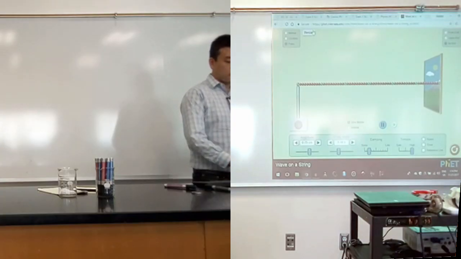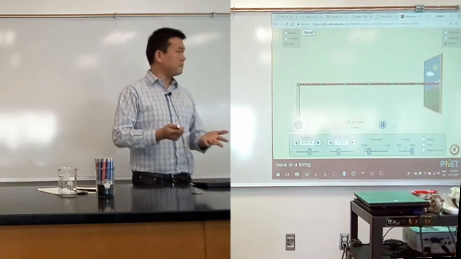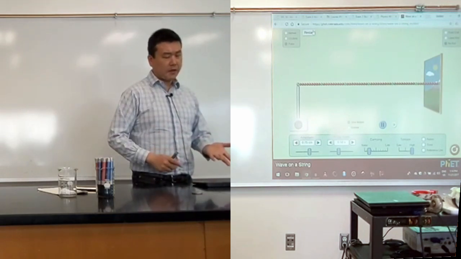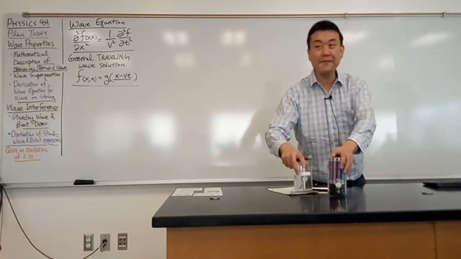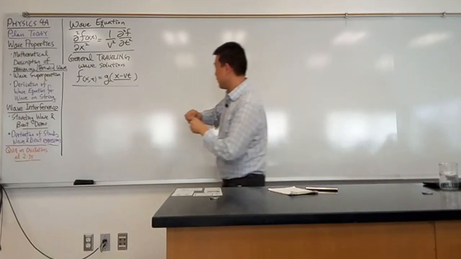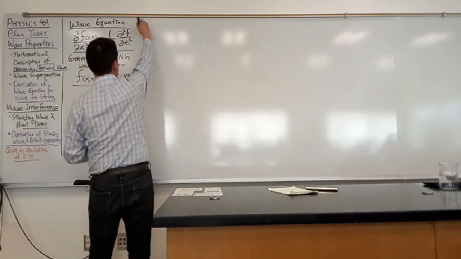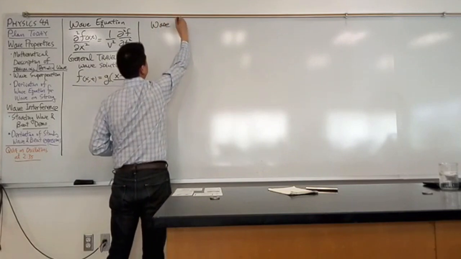So let's see. I think this is actually a good point to go over some of the wave terms, because I realize there are some terms that I should have introduced that I kind of forgot to last time. So let me use this opportunity to introduce some of the wave terms.